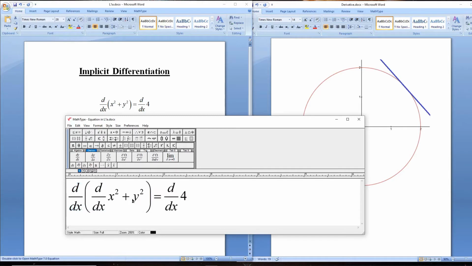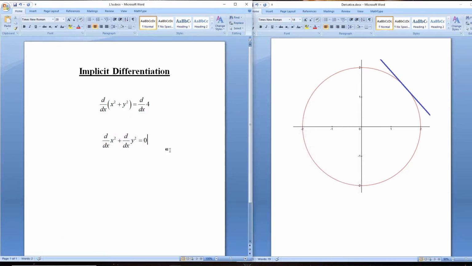I'm going to distribute the derivative to each term in there. And we don't need that parentheses anymore. And on the right side, the derivative of a constant is always 0. So on the left side, I distributed the derivative, and on the right side, I actually did the derivative.